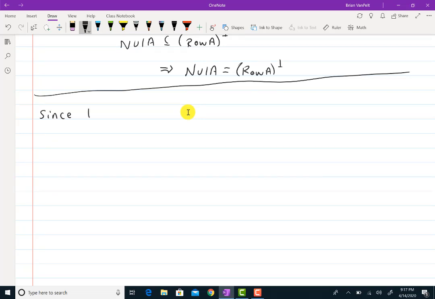Since W perp is a vector space, for W being a subset of R to the n. I'm not even sure W has to be a vector space for W perp to be a vector space.